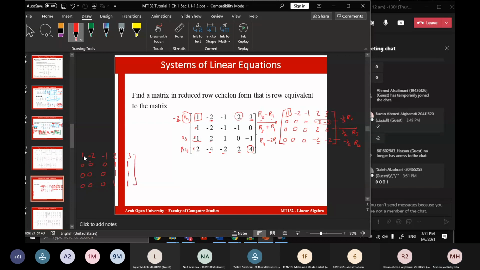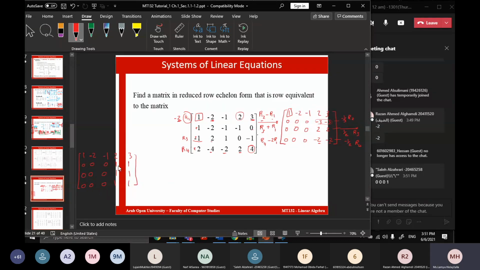Okay. Now what can I do? I can subtract. Of course, here this is the leading one. So we can subtract R3. We want to change R3. So R3 minus R2. Yes.